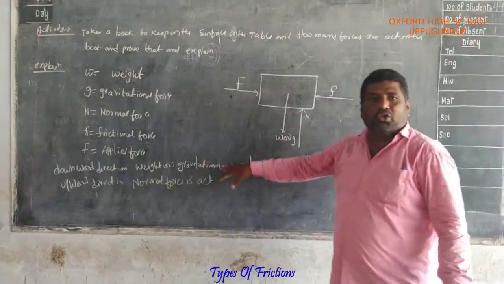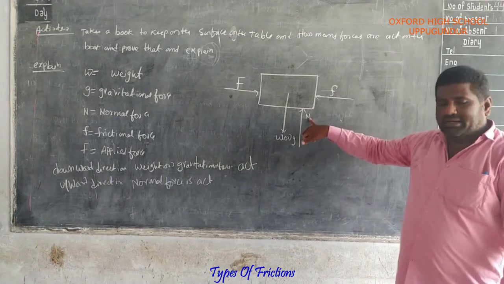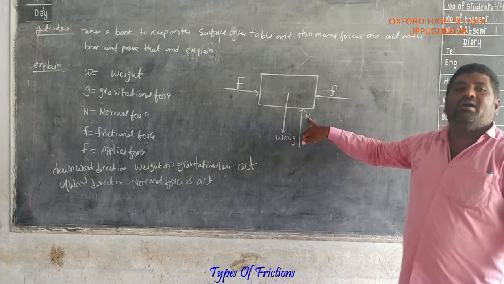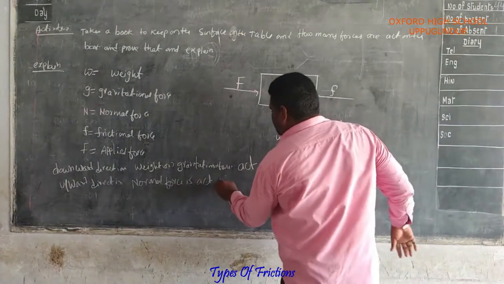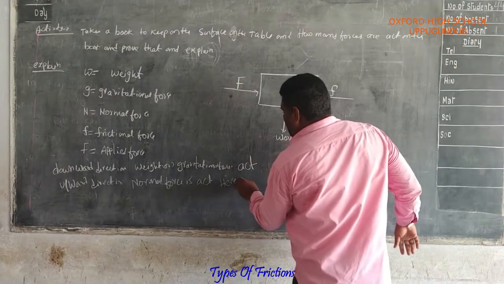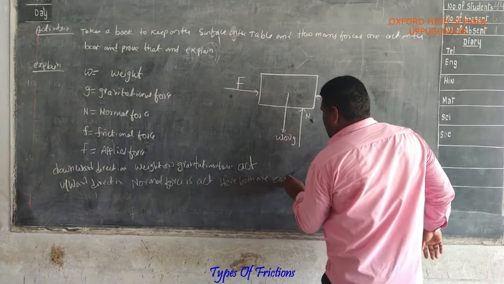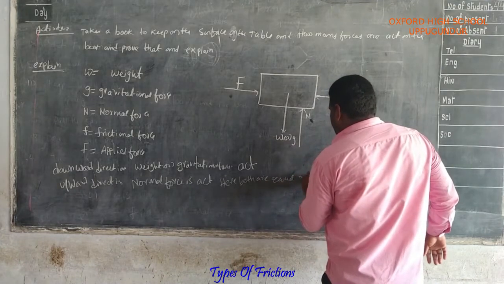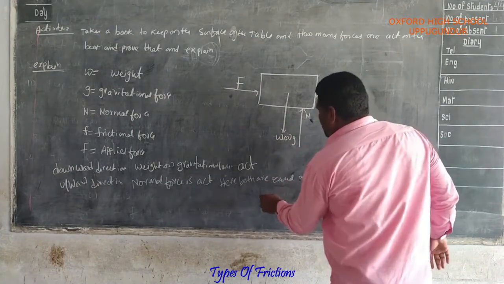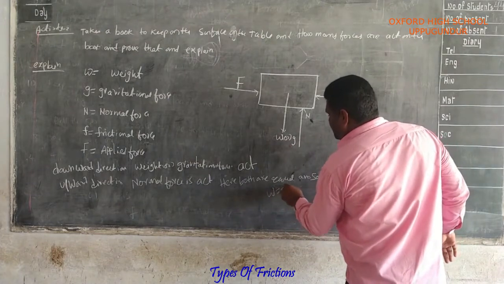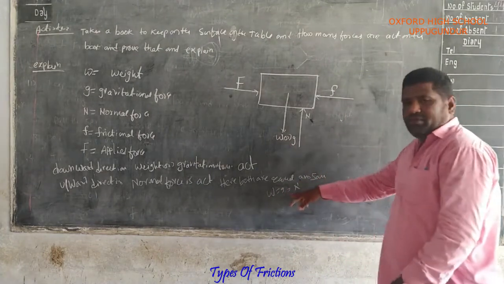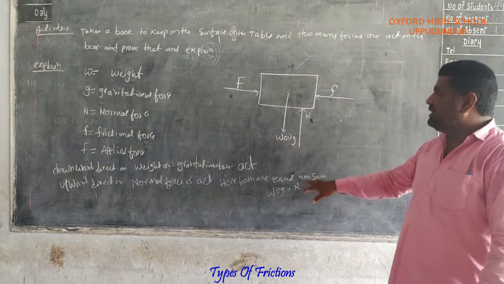So here both are equal. Gravitational force is equal to the normal force. So W is equal to G is equal to N. Normal force and gravitational force are equal.